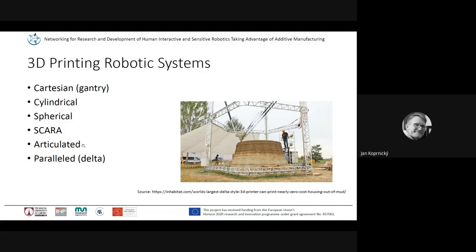Articulated, it means angular robots or standard industrial robots, or parallel, let's say delta systems. What you can see on the right side is an XL very large delta or parallel 3D printing robotic system, which is used in a project called WASP. It's an Italian project, and they also use the strategy of extrusion, and they use not a cement-based mixture, but a clay mixture with waste rice grains and so on.